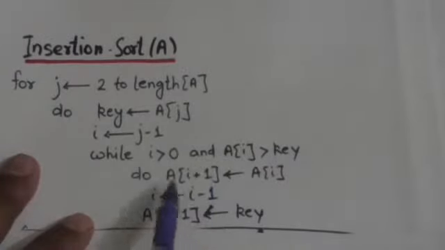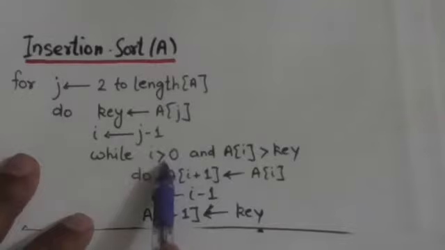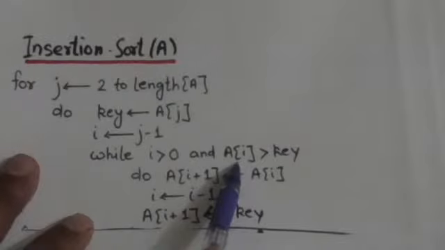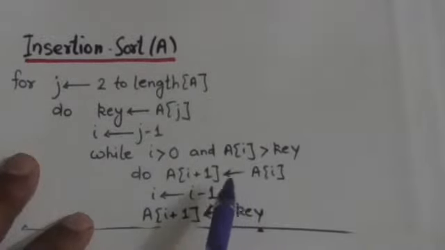This while loop executes as long as the value of I is greater than 0 and the value of the element stored at index I is greater than key.